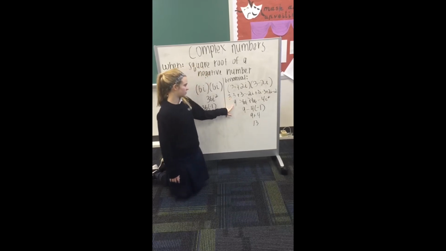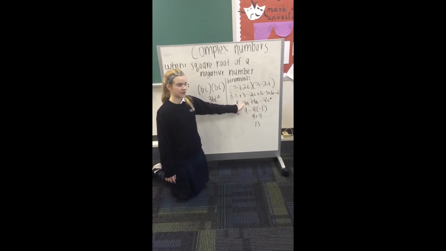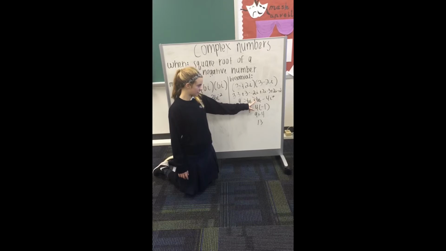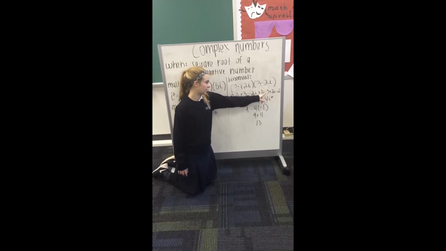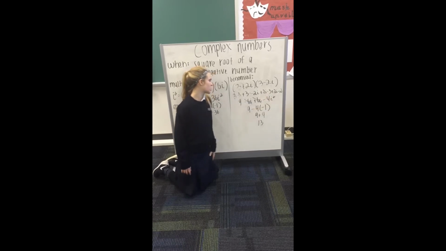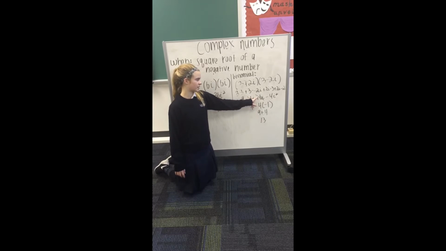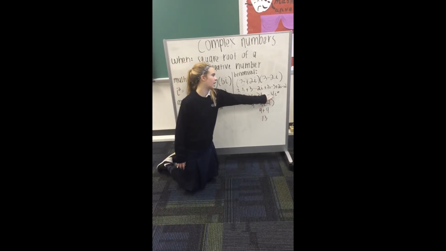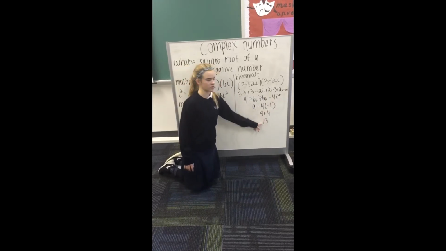So 3 times 3 equals 9, and 3 times negative 2i is negative 6i, and 2i times 3 is positive 6i, and then 2i times negative 2i is negative 4i squared. So you get 9 minus 4i squared, because the negative 6i and the positive 6i cancel. So it's 9 minus 4 times negative 1, because i squared is negative 1. So it's 9 plus 4 equals 13.